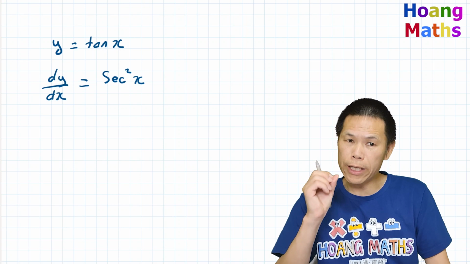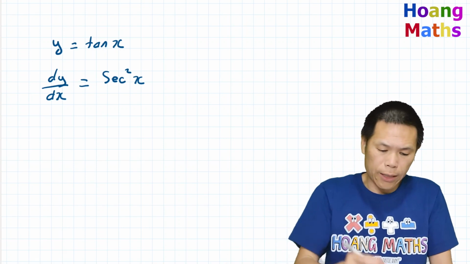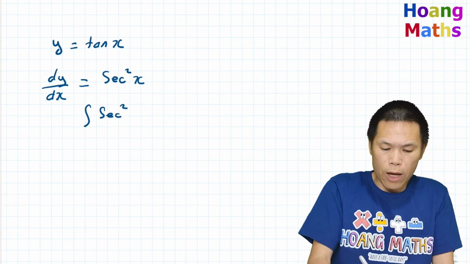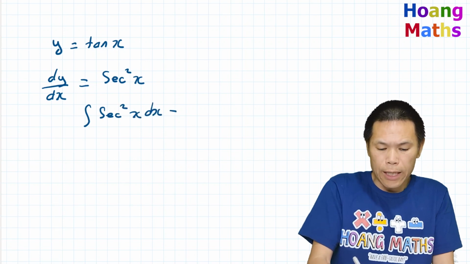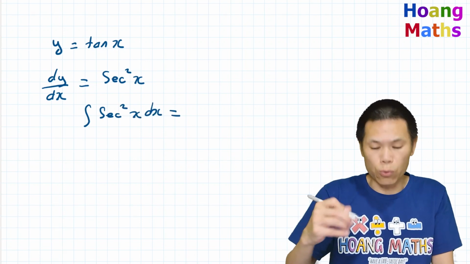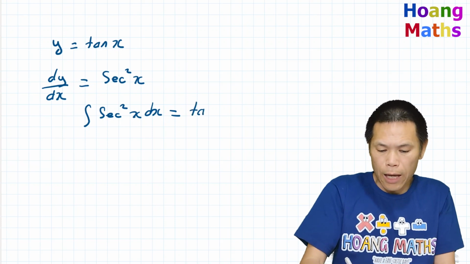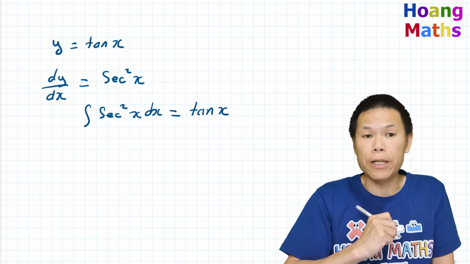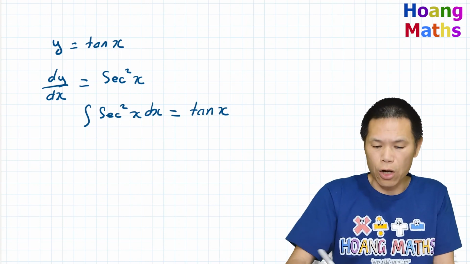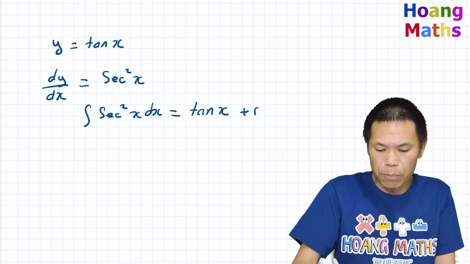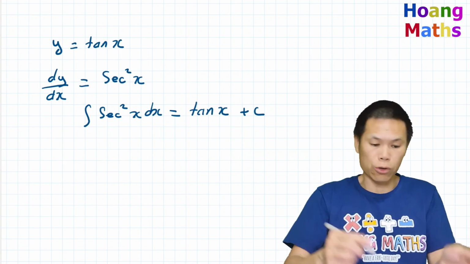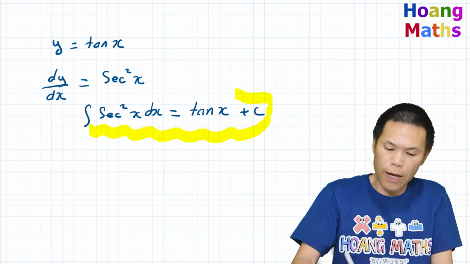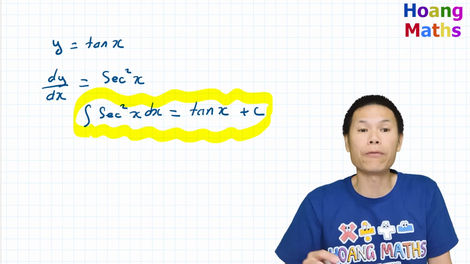Now if I integrate sec squared of x dx, that is just going backward, and it will give me tan of x. Again, because we are working on indefinite integrals, we need to add a constant, that is plus c. So there you go. Please keep that in mind: the integral of sec squared of x gives me tan of x.